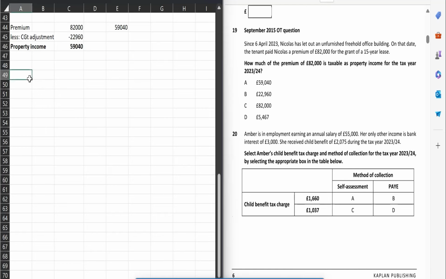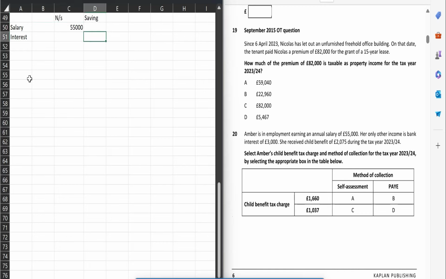So basically, Amber's salary is 55,000, and she also has interest income. This one will be non-savings and this one will be savings.